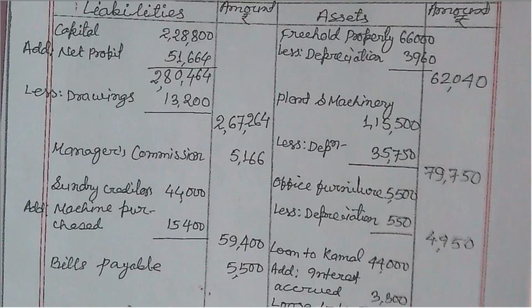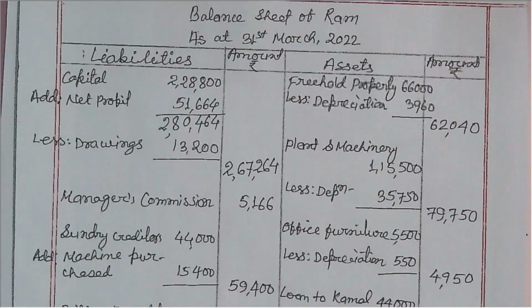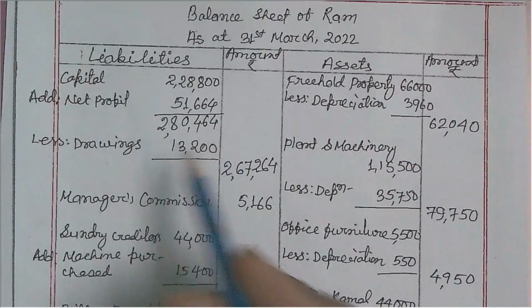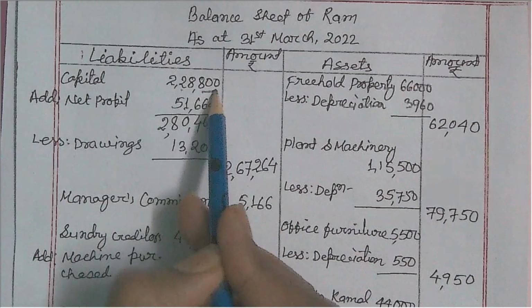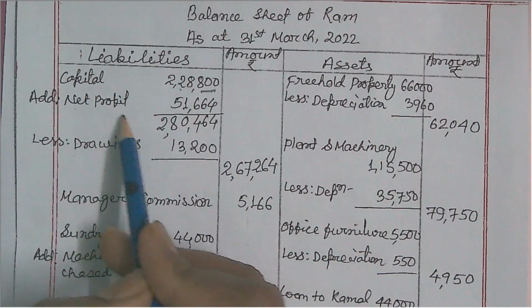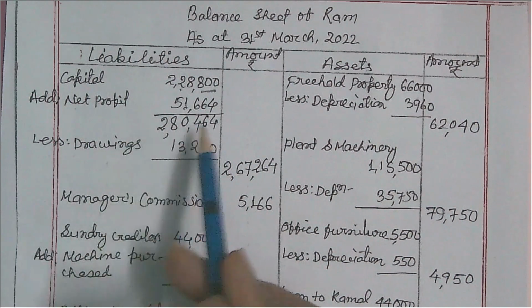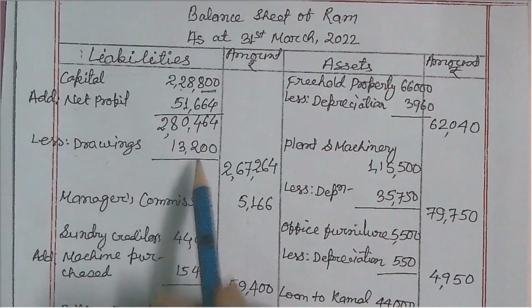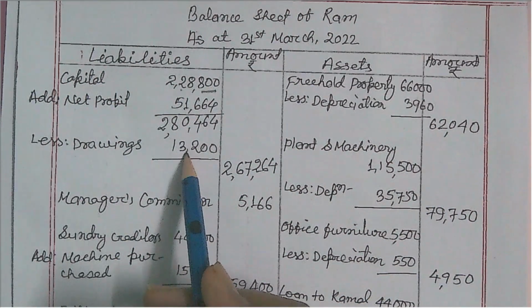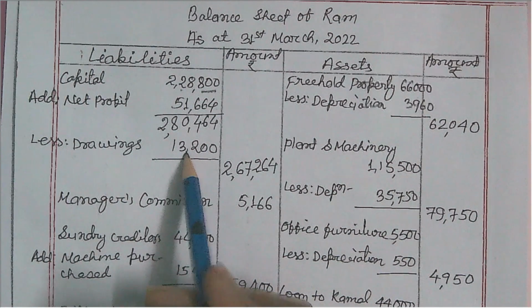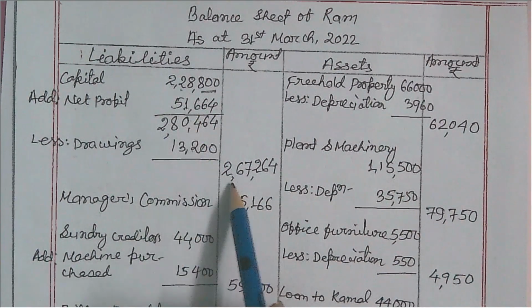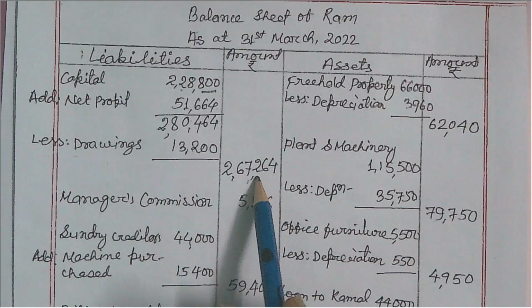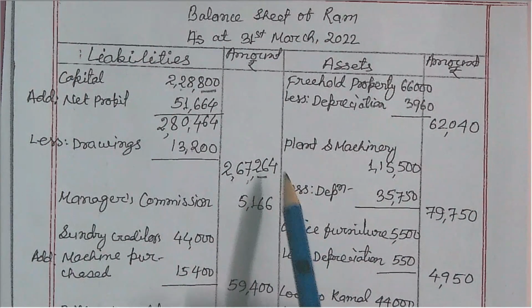In the balance sheet, capital account is 2,28,800 and net profit 51,664. This is the total, and drawings are deducted as given in the question, so the balance is 2,67,264.